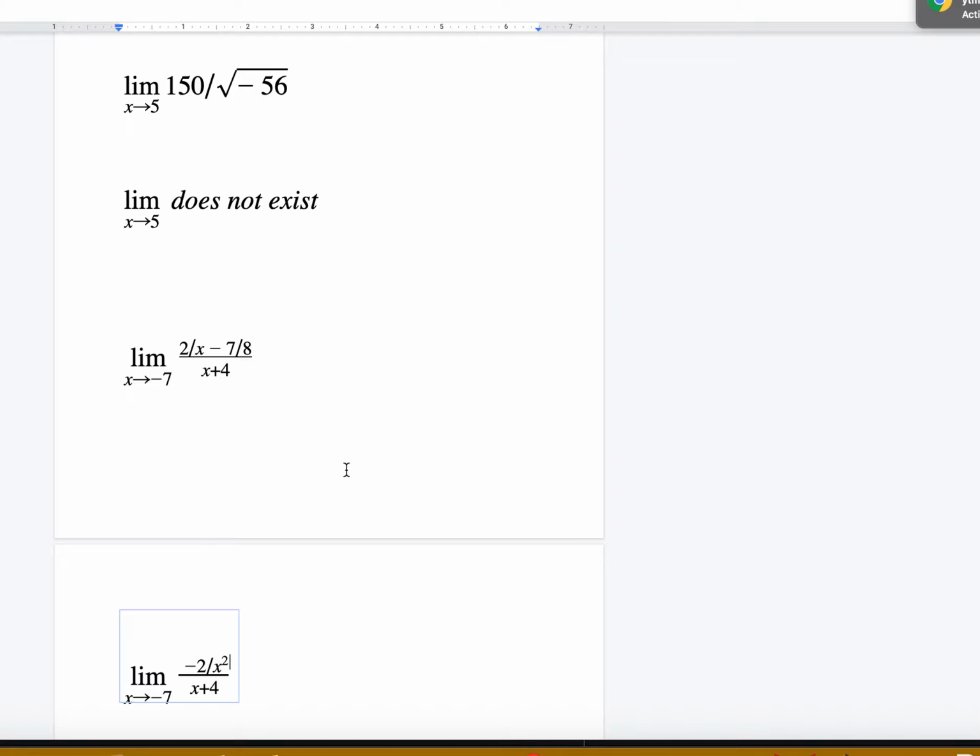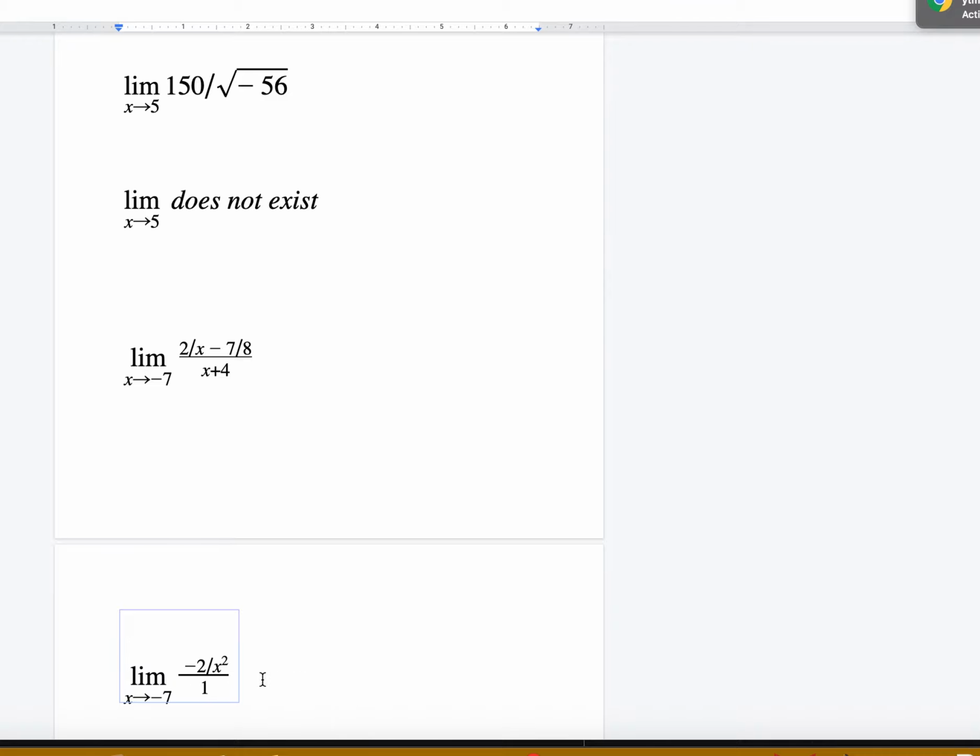I'm looking for the derivative of 2 over x. I'm pretty sure it's negative 2 over x squared, but for confirmation, yes, it is negative 2 over x squared. And the derivative of x plus 4 is 1.